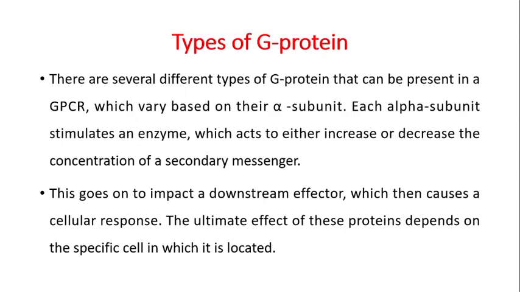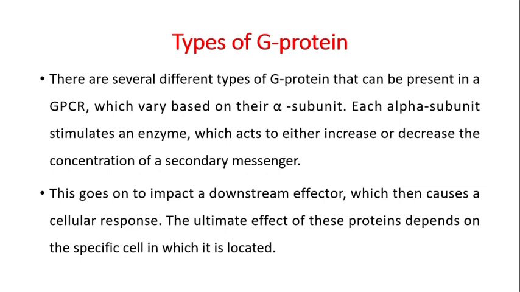So what are the types of G protein? There are several different types of G protein that can be present in a GPCR. I already said there is only one alpha subunit, but it is involved in many downstream processes, so it is called signal amplification, but it varies based on the alpha subunit.